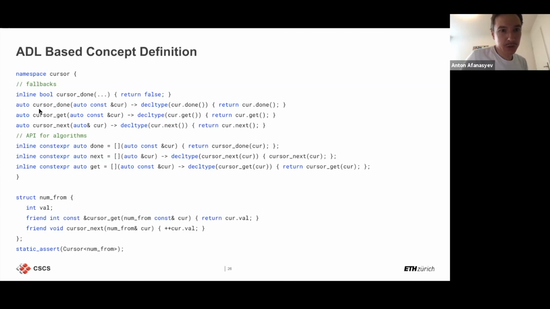So what it means is that, for example, if we are going to implement some alternative form of this member from cursor, we will do it like that. We'll just implement friend function cursor get and friend function cursor next, and cursor done is already implemented in our case, and it's a cursor, even though this struct doesn't have any methods.